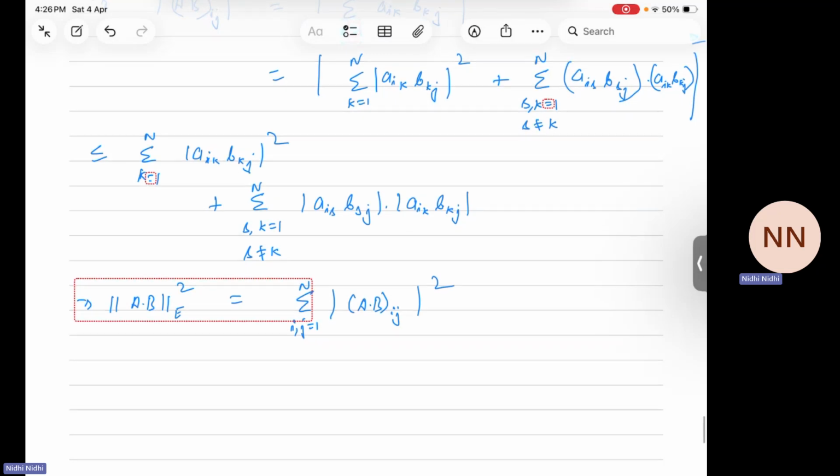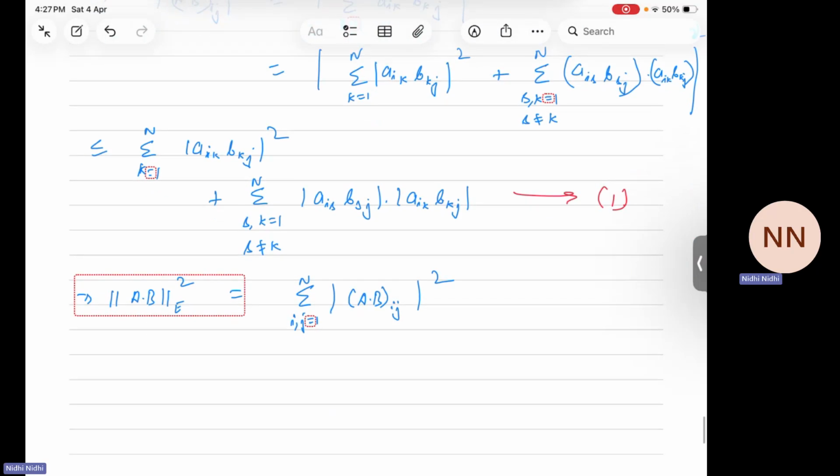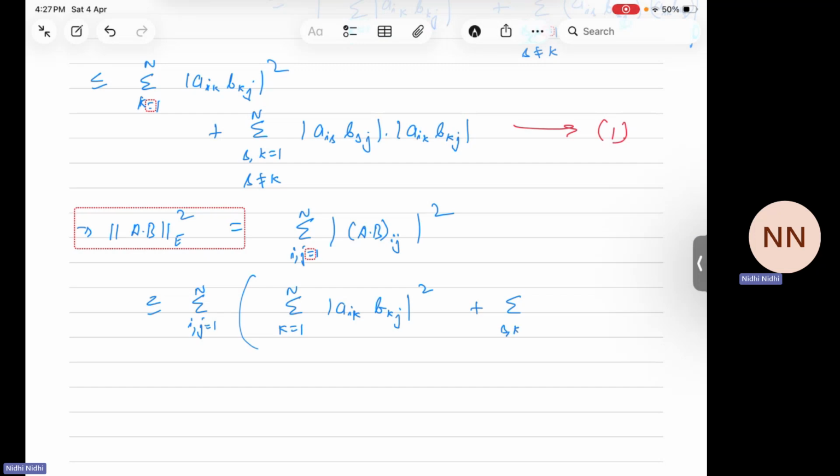If I mark this as equation 1, then by equation 1 this is less than or equal to the summation ij from 1 to n of the summation k from 1 to n of a_ik b_kj squared, plus the summation over s and k from 1 to n with s not equal to k of mod a_is b_sj times mod a_ik b_kj.